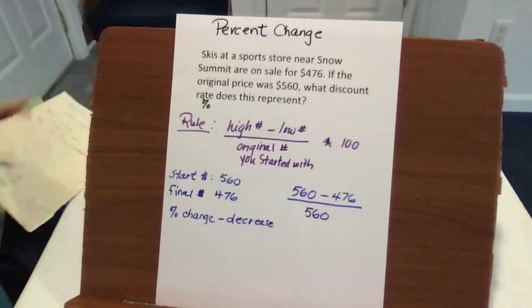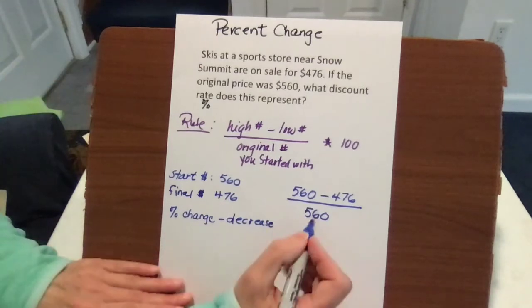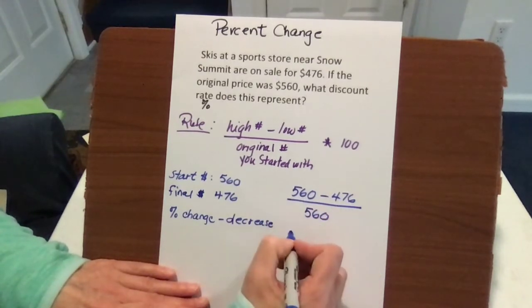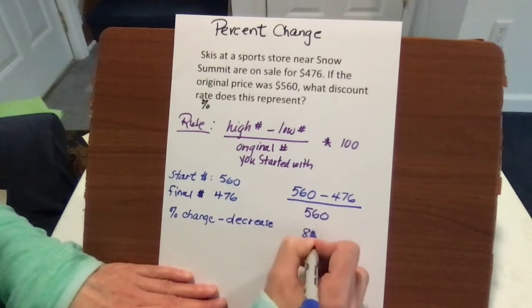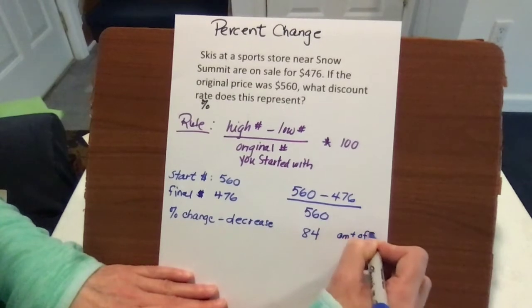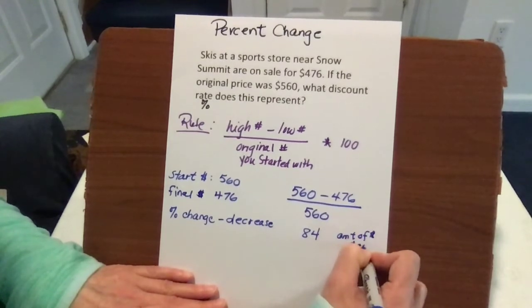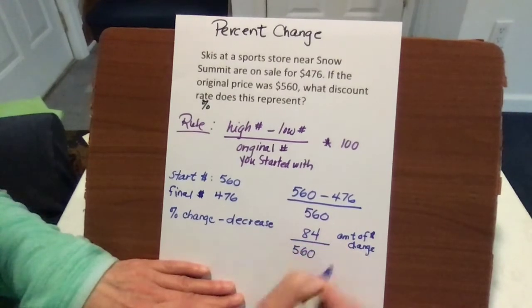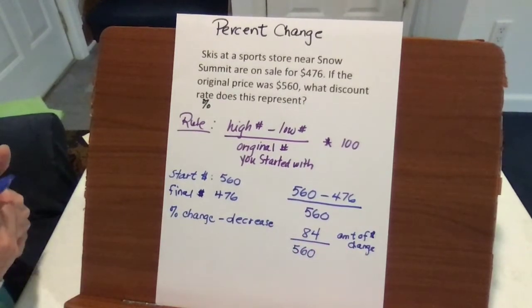When you calculate that, we're going to see a change in price. So the 560 minus 476 is going to be $84. This is the amount of money change.